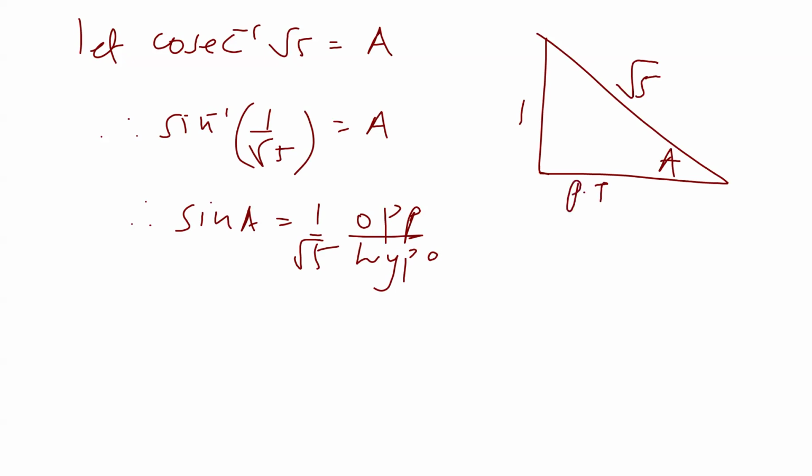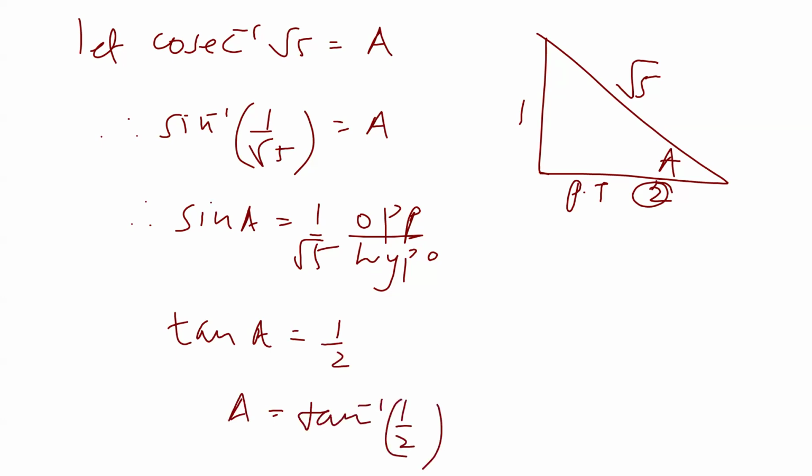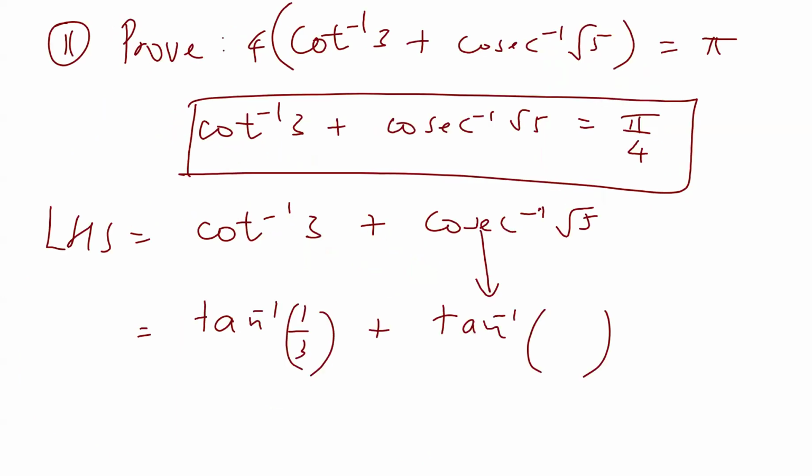So the adjacent side by Pythagoras theorem is 2, because 1 square plus 2 square is 5, and the square root of 5 is root 5, the hypotenuse. So tan A is equal to half, opposite upon adjacent. So A is equal to tan inverse half. So I'm converting cosec inverse to tan inverse.